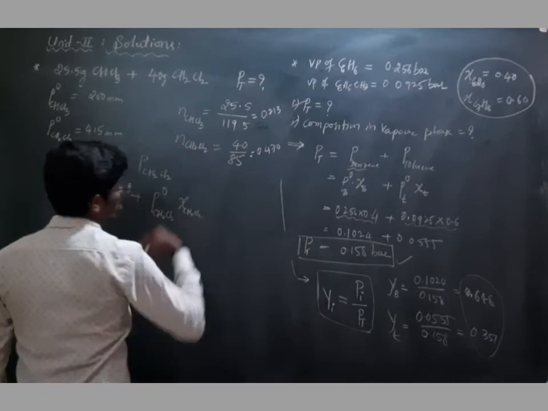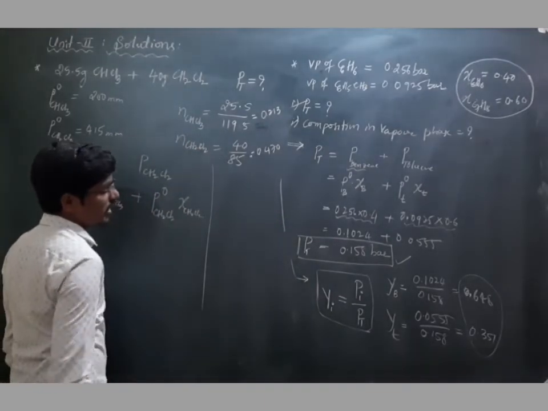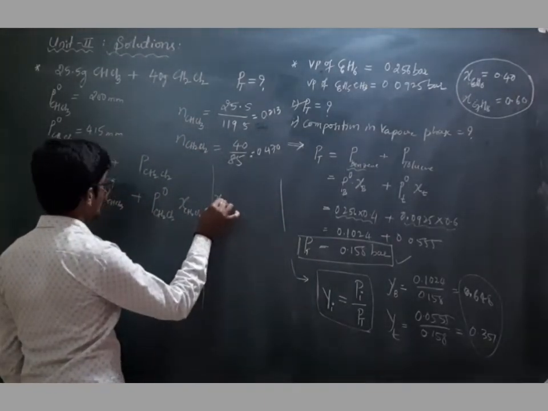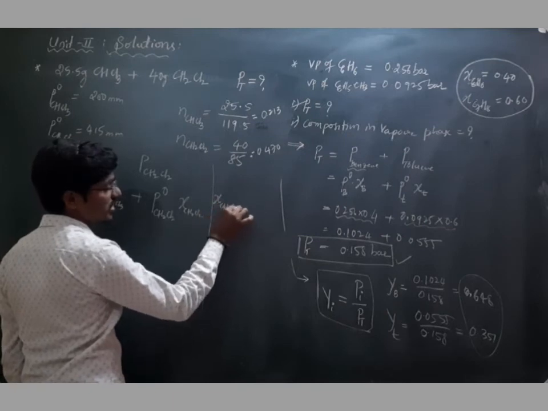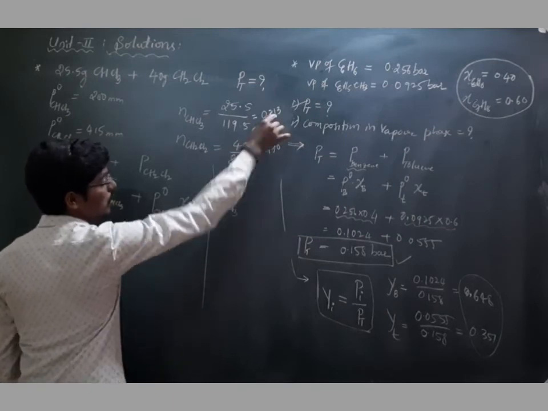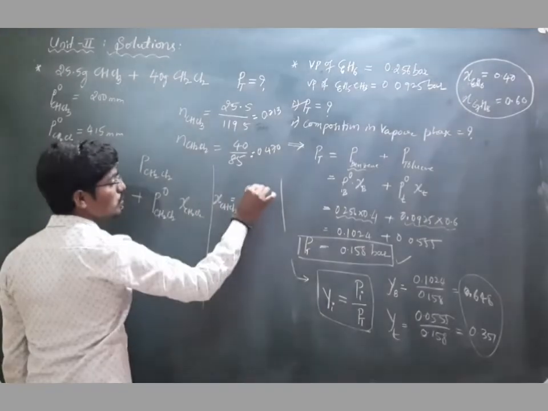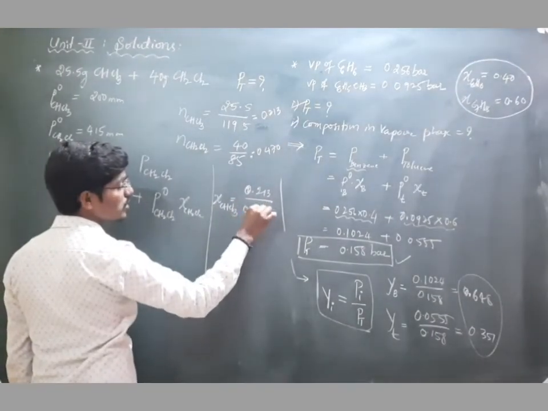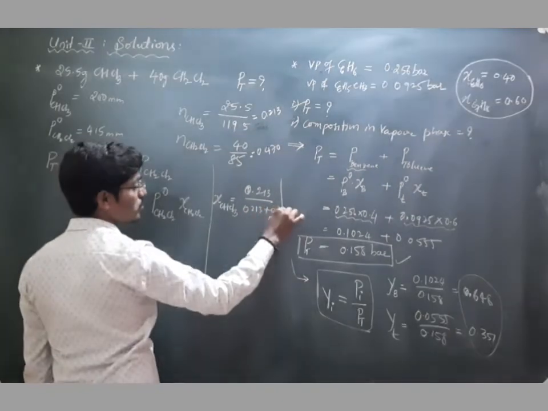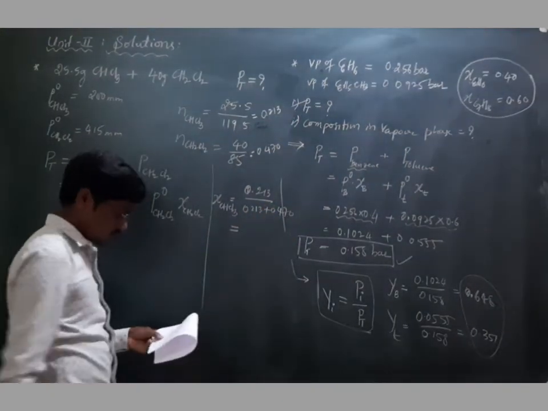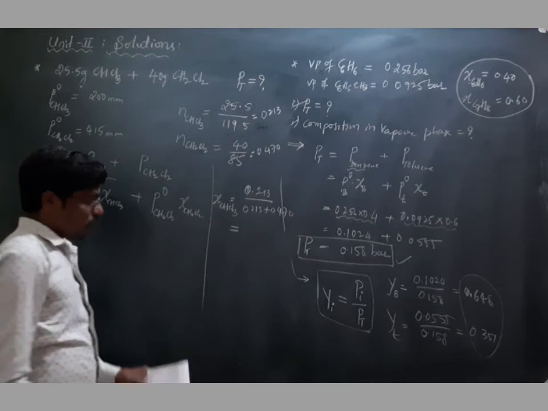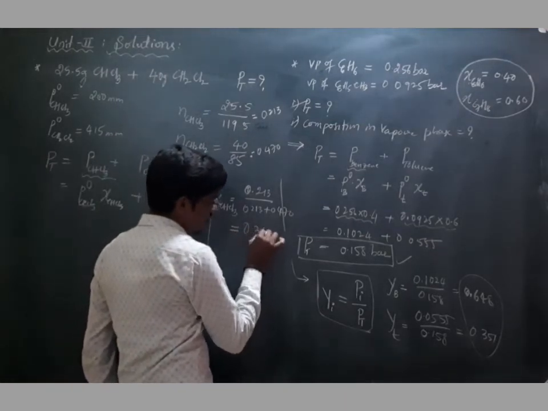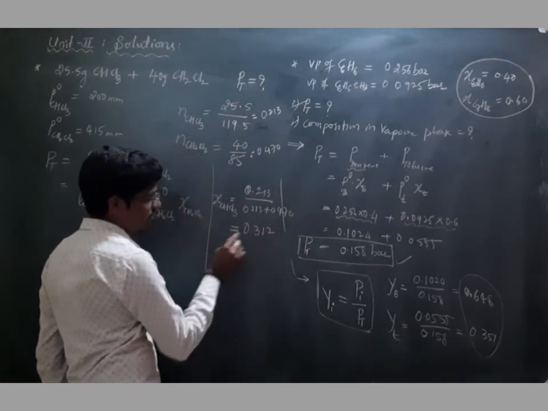If the number of moles is known, we can calculate the mole fraction. The mole fraction of chloroform, CHCl3, is equal to 0.213 divided by 0.213 plus 0.470. This comes out to 0.312. So this is the mole fraction of chloroform.